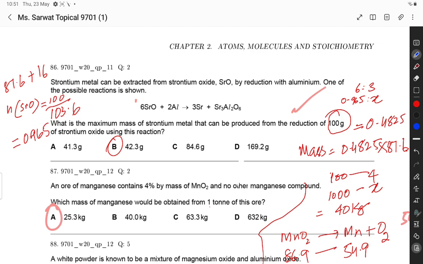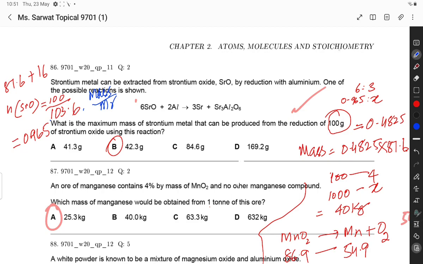So moles of strontium oxide is 100 mass over Mr. Strontium oxide is 103.6: 87.6 is strontium, plus 16 is oxygen. So this is equal to 103.6. The mole is 0.965.